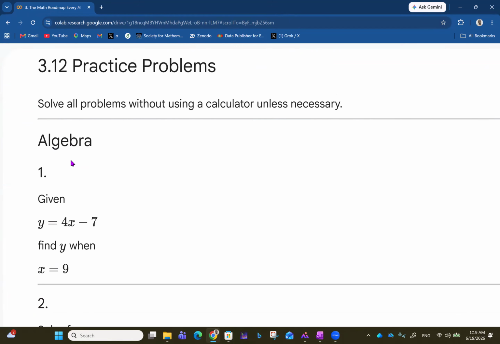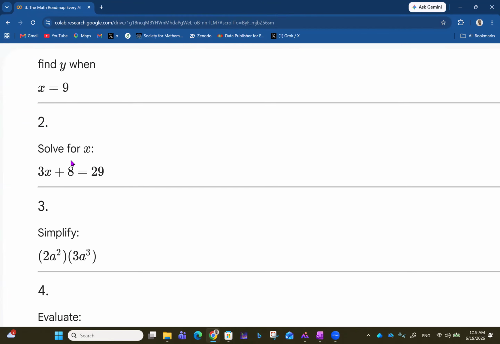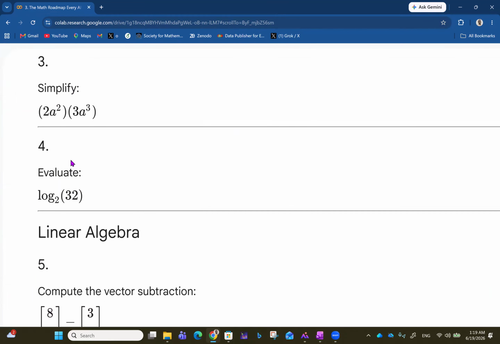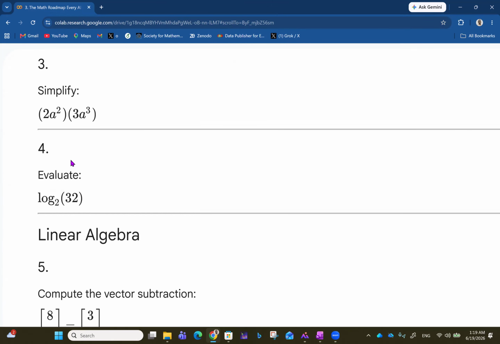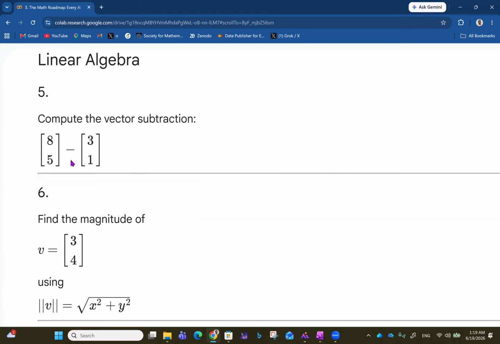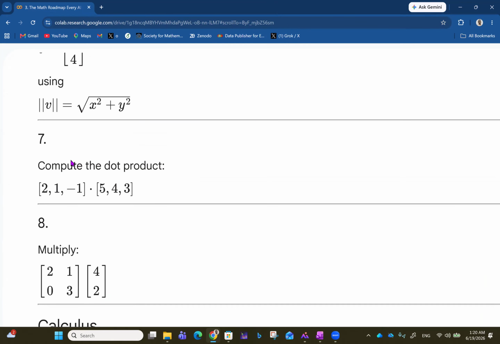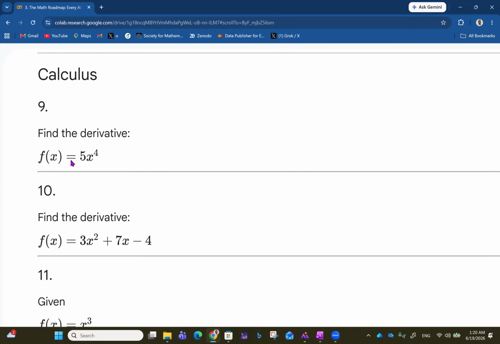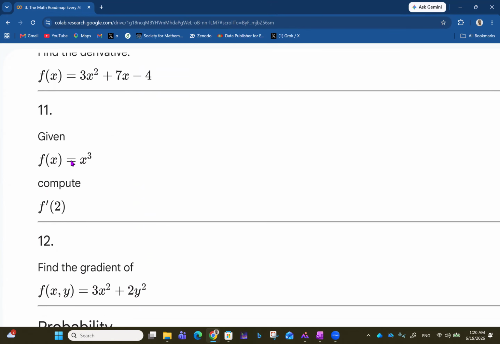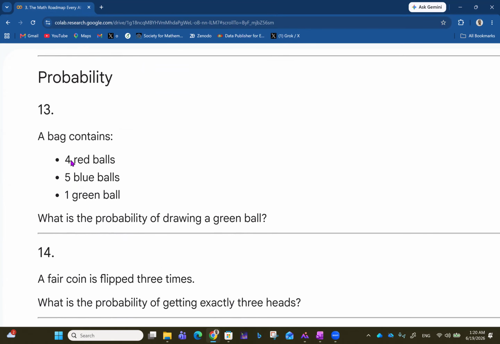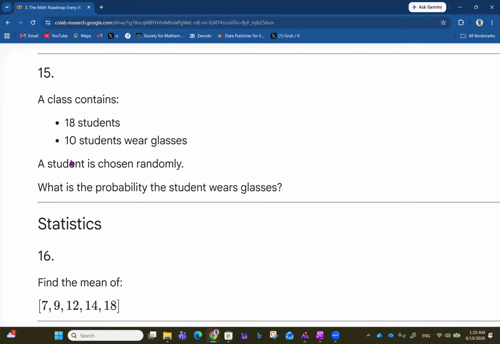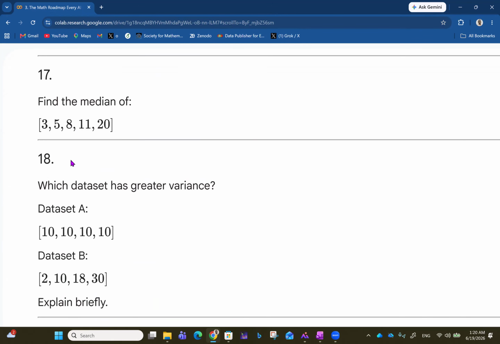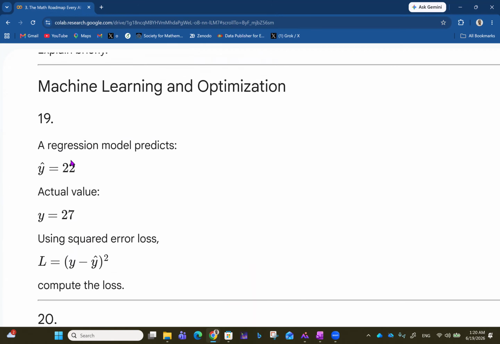We have questions 1 and 2, then 3, 4, then 5, 6, 7, 8, 9, 10, 11, 12, 13, 14, 15, 16, 17, 18, 19, and then we have 20.